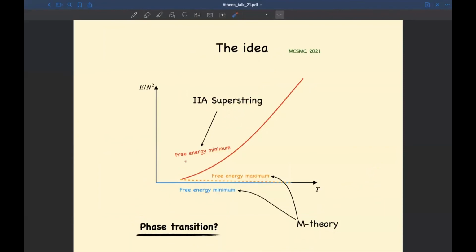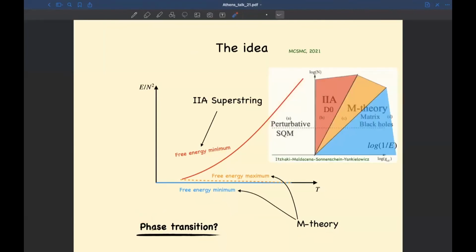This rather means that there should be a phase transition between the two theories. And indeed, if we recall again this plot from Itzhaki, Maldacena et al. in 1998, if this is correct, then this should be the case. So imagine that we are in a scenario where we push energies to be low.